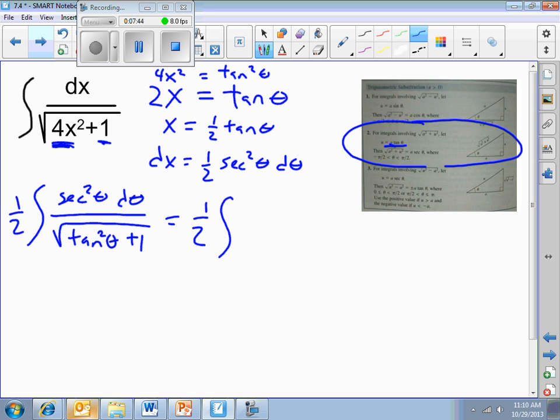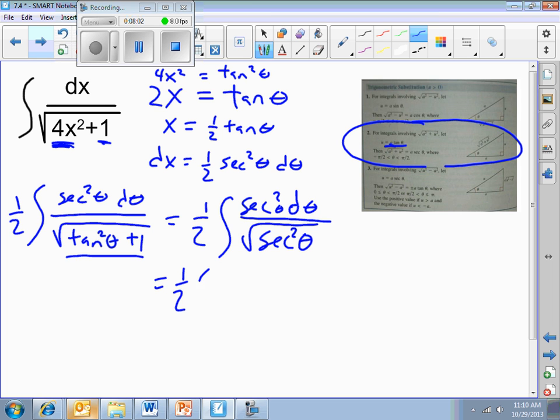Simplifying, we know that 1/2 secant squared theta d theta over the square root of, using the Pythagorean identity, that should be secant squared. Simplifying, that's 1/2 secant squared theta d theta over the square root of secant squared theta, which is secant theta.